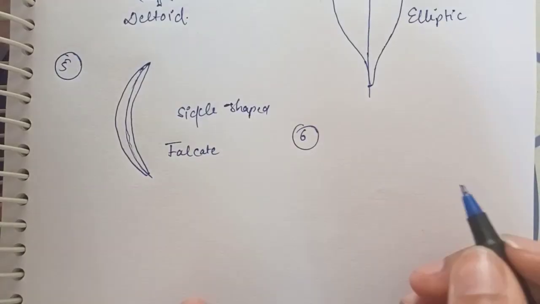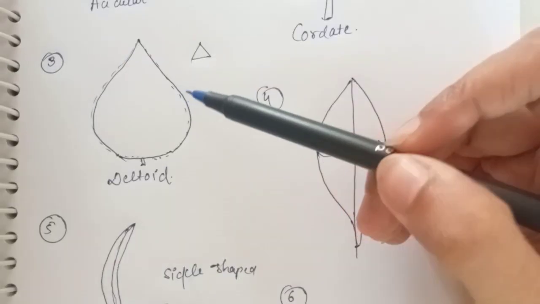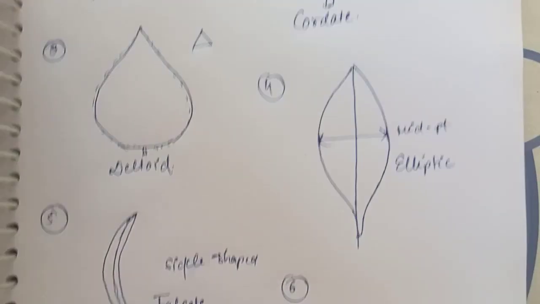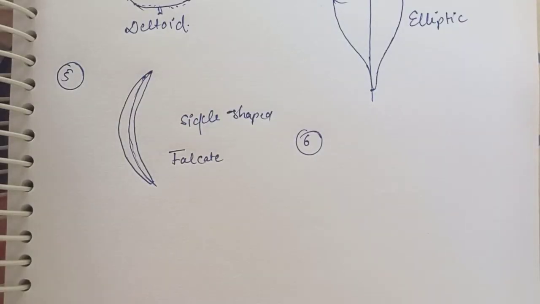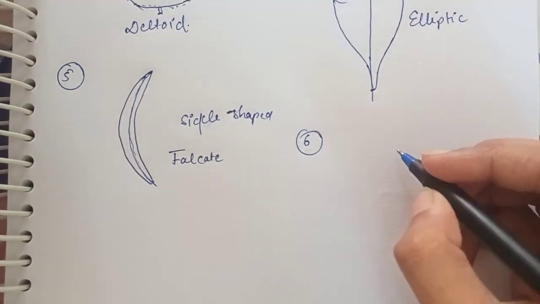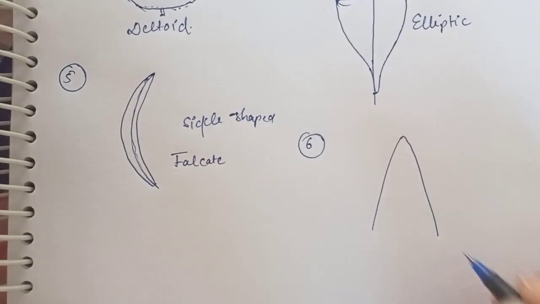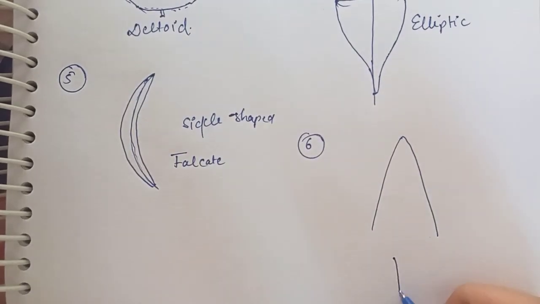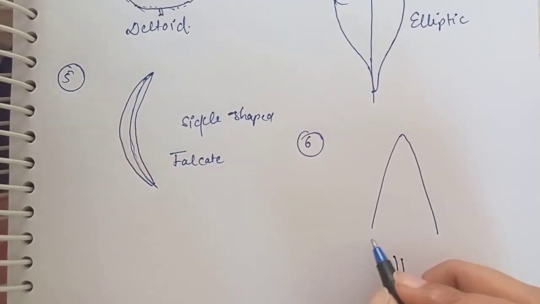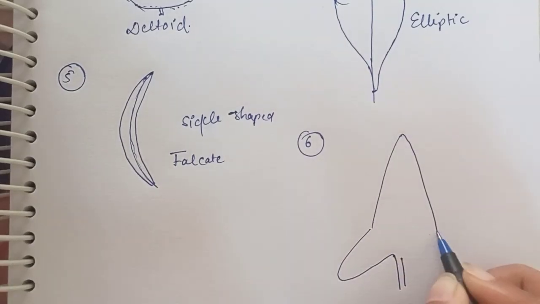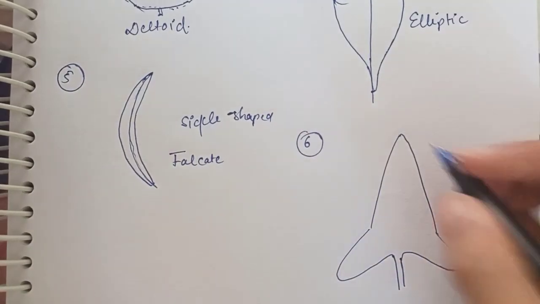The next shape we are going to talk about is hastate. Hastate is triangular like that of deltoid, but the triangle is very sharp and the basal lobes are spreading away from the base of the leaf. What I mean is the leaf is a very sharp triangle. It is the petiole and the basal lobes are spreading away from the petiole.